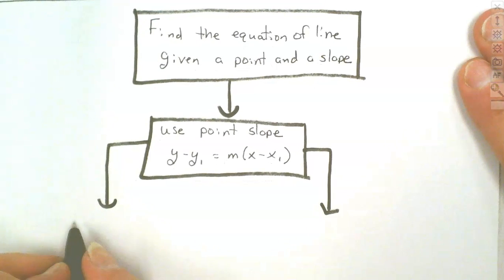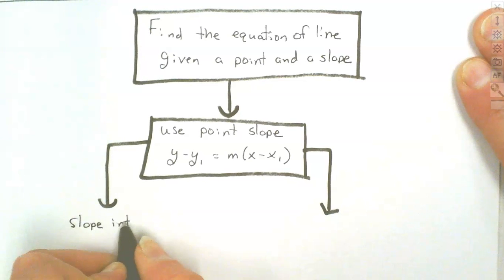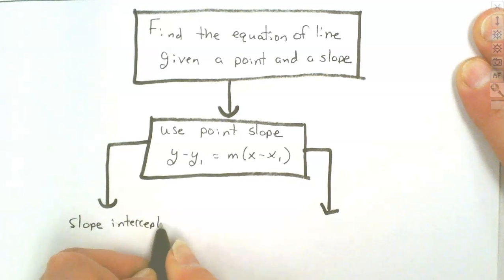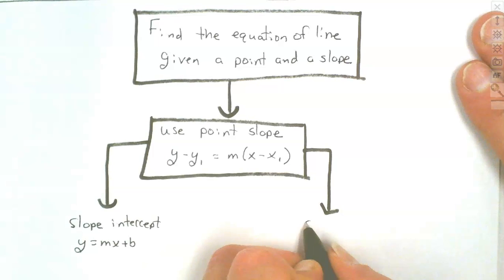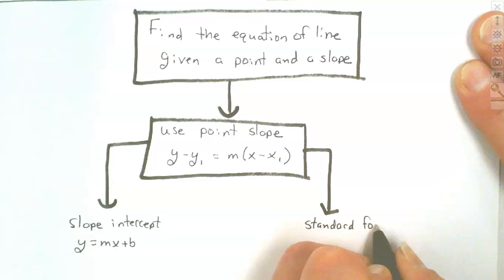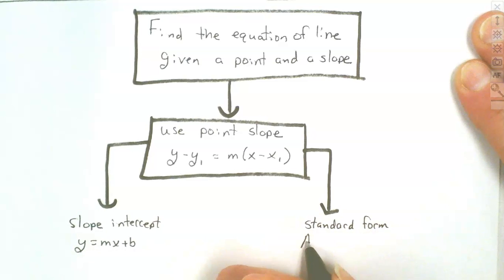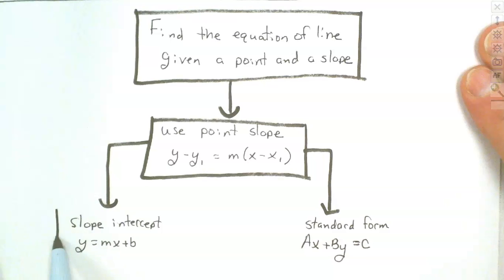And slope-intercept form looks like this again, which is y equals mx plus b. And standard form is going to be over here, which is ax plus by equals c. So we've got the slope-intercept form, and we've got the standard form.